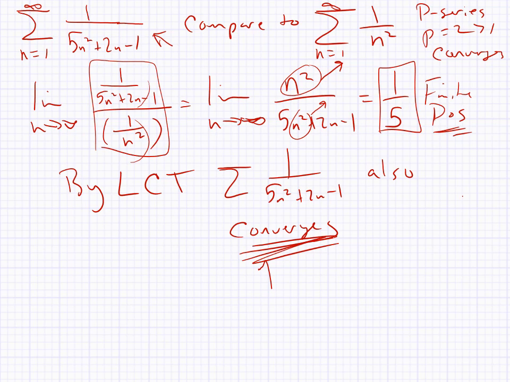So you see how this limit comparison test can really, really be helpful. And I think definitely easier to work with than the direct comparison test, simply because you should be more comfortable in doing limits than you are in proving inequalities just because of your experience or lack thereof.